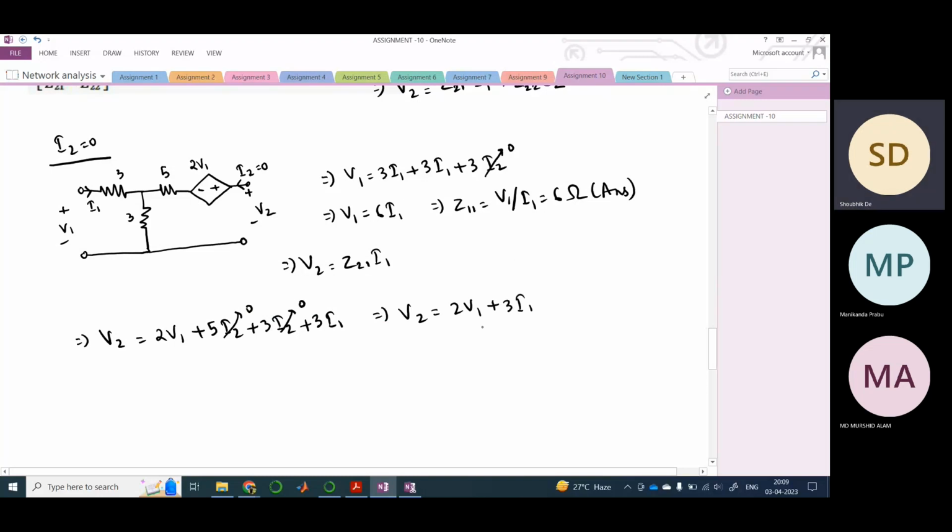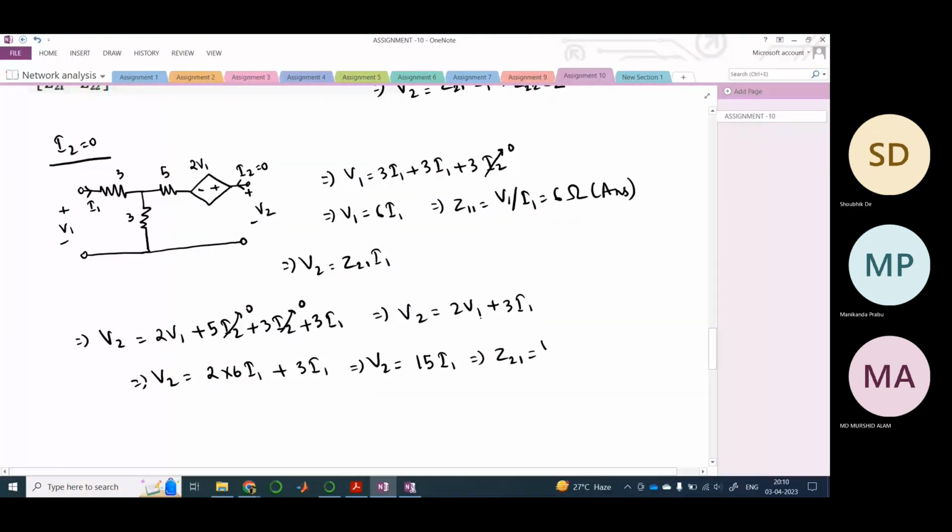Now we just calculated V1, it is 6I1. So it is 2 into 6I1 plus 3I1. We are just substituting V1 equals 6I1 here. So this becomes 15I1. Therefore your Z21 is V2 by I1, it is 15 ohms. I hope this is clear, guys. Yes, sir. Murshid Alam, it's clear, right? Yes, sir.